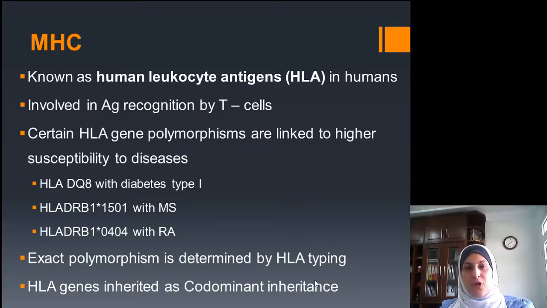But in codominance, both are expressed equally. So if you inherited, for example, HLA-A from the mother and HLA-B from the father, you would have HLA-A and HLA-B. Exactly the same as the blood type, which is again a codominant inheritance. So if your mother is O, which means there are no antigens, and your father is AB, you will be either A or B. So this is the codominance inheritance.